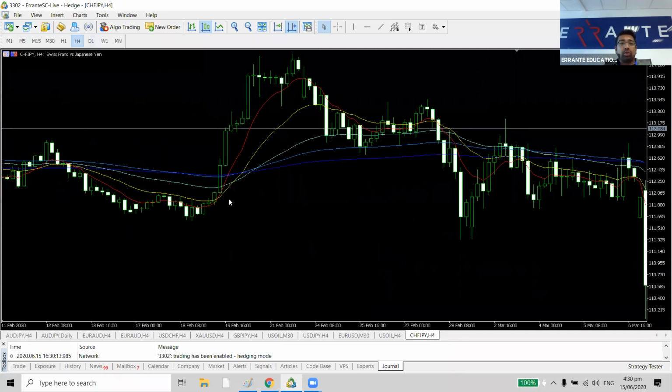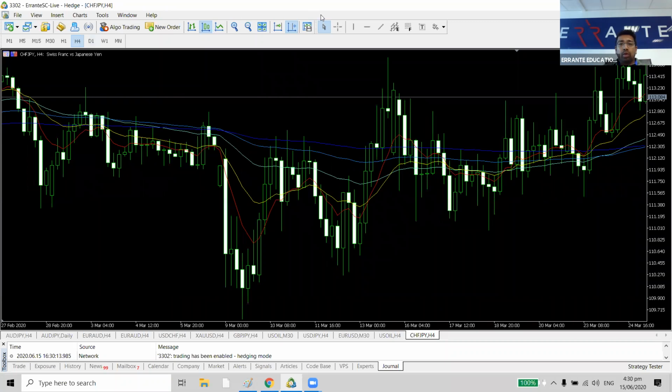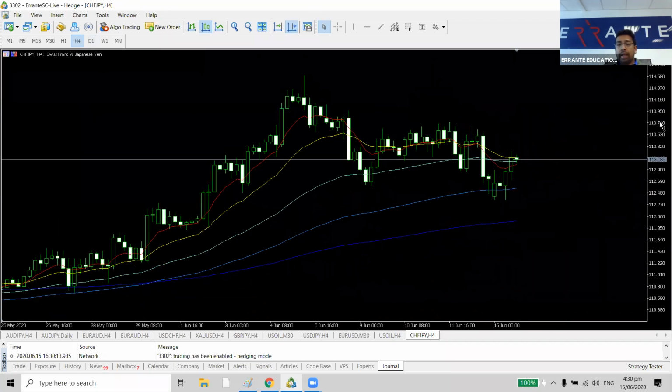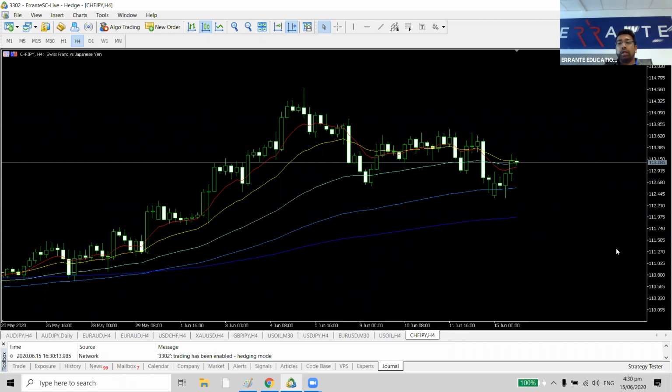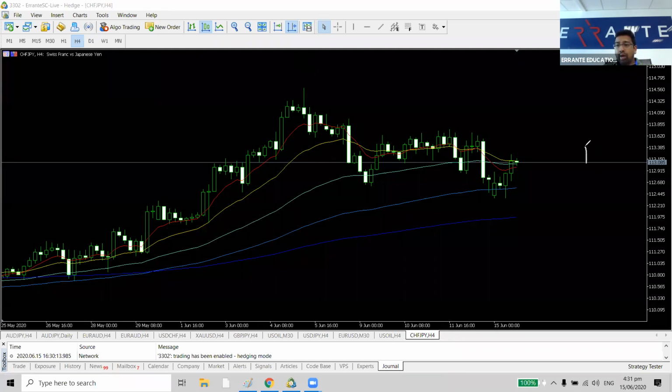Let's say we go into the 4 hour chart, and let's just pay a bit of attention to the current price. You can see the current price is at 113.08. Now if the price were to go up, it will meet the closest psychological number.